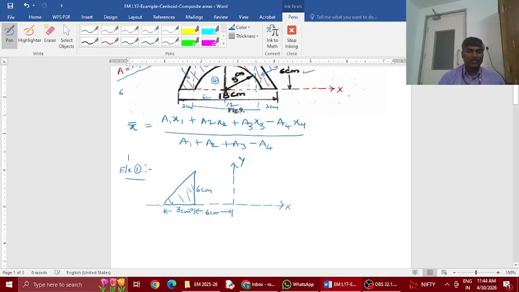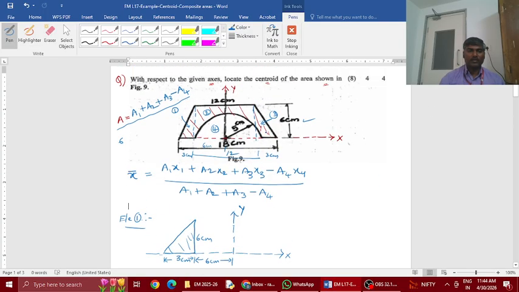Now if you observe the figure, this entire area is symmetric about the y-axis, which means the centroid lies on the y-axis. Since the centroid lies on the y-axis, its x-coordinate is 0, which means x bar is 0.